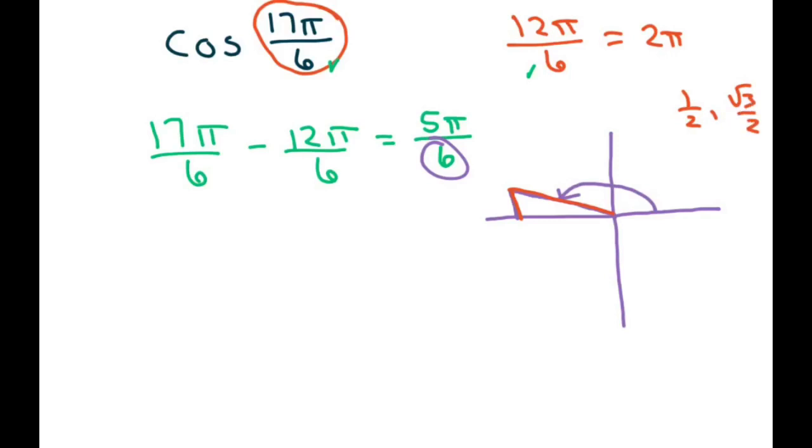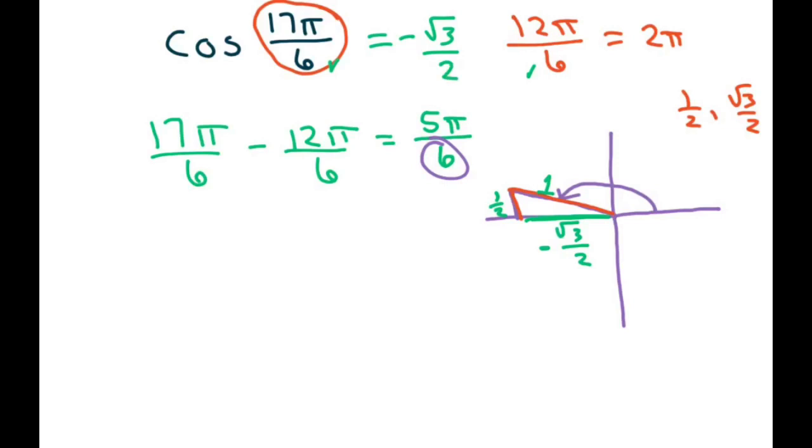In this case, my shorter side is the 1/2. My longer side is the square root of 3 over 2. But it's negative. That's with the radius of 1. So my answer to this is going to be negative square root of 3 over 2.